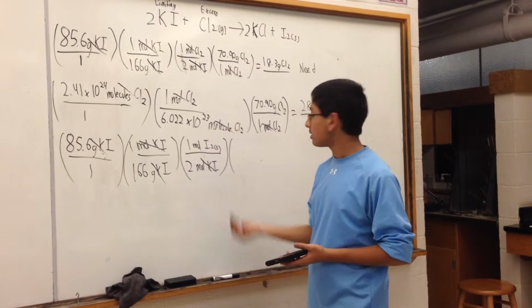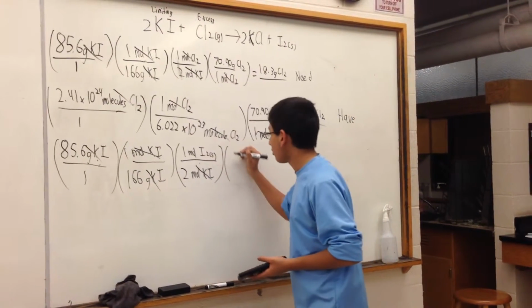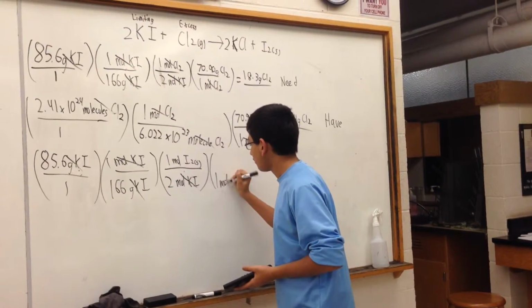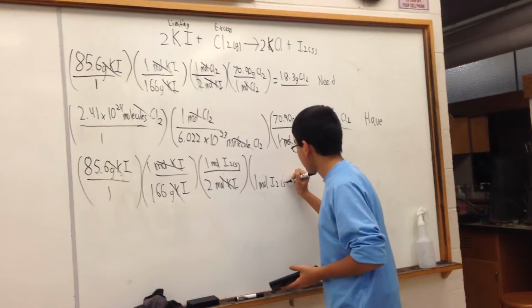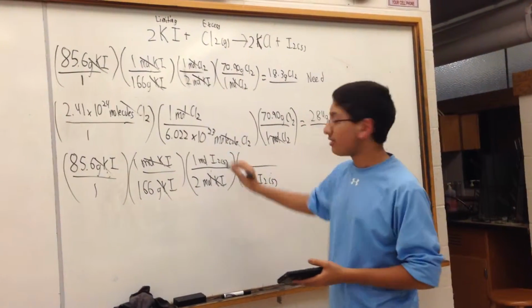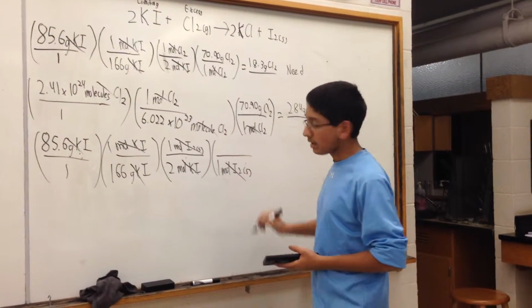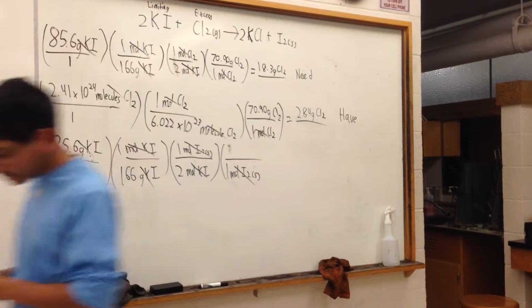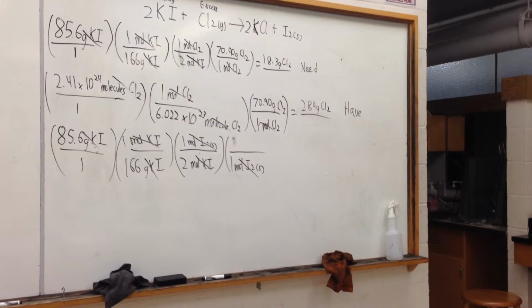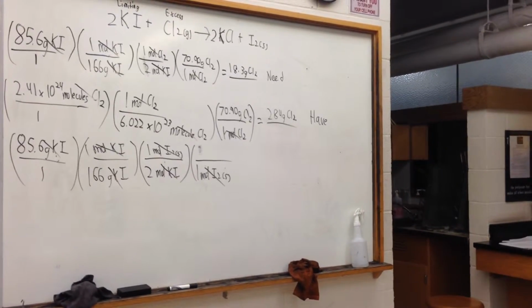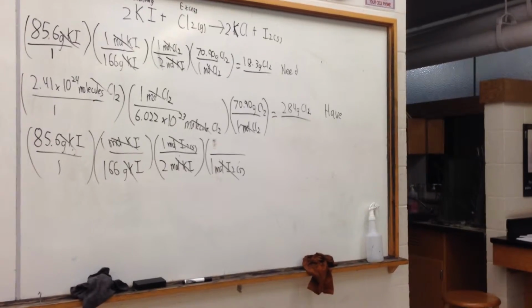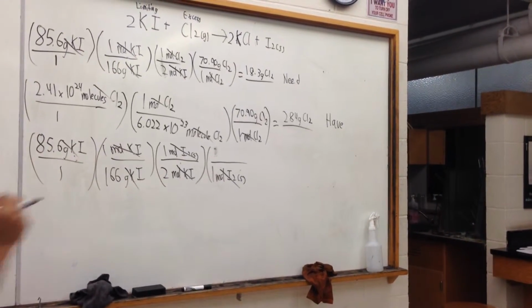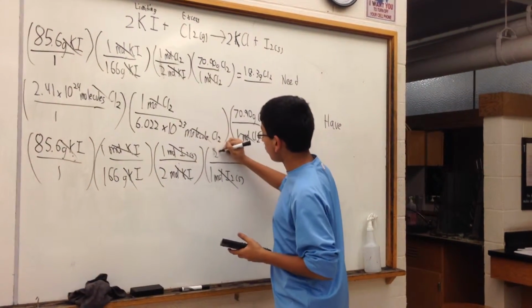And then to find the mass of iodine, all we have to do is use our molar mass. And we want our units to cancel out, so we're going to put moles on the bottom. And the molar mass of iodine is 253.8 grams per mole.